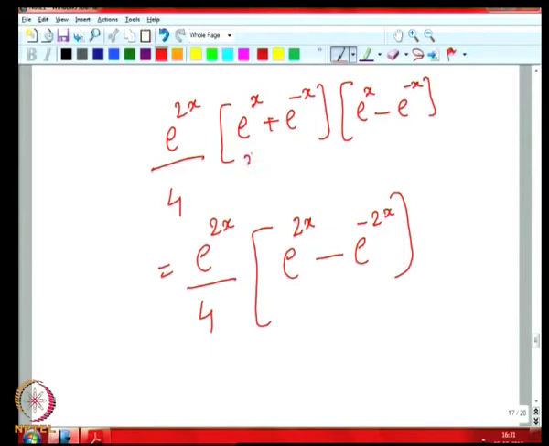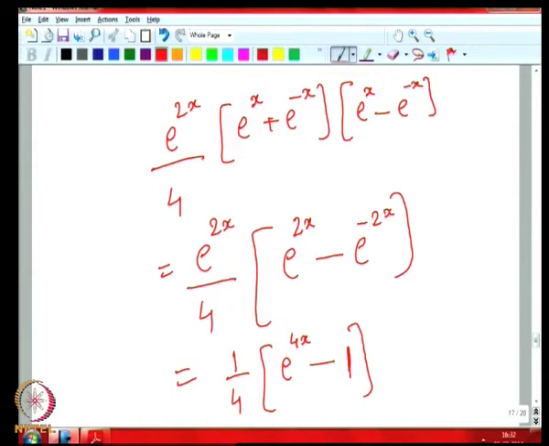This is x plus y form, x plus y and x minus y. So x square minus y square is what we are getting. So e to the power 2x, e to the power minus 2x, right. So when you multiply this out, this will become e to the power 4x by 4, or maybe we can say 1 by 4 into e to the power 4x minus 1. That is what we got.